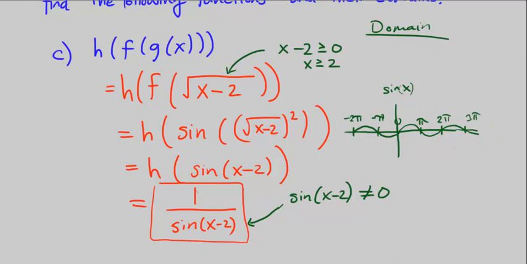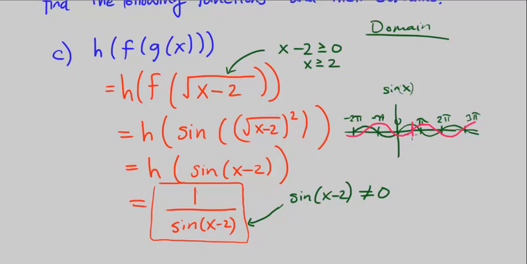I'm going to use a different color to shift this 2 units to the right. That's going to give us the point 2, 0. Pi we know is 3.14, so it's around 3. It's going to be something like this now. So in pink we have the graph shifted to the right.